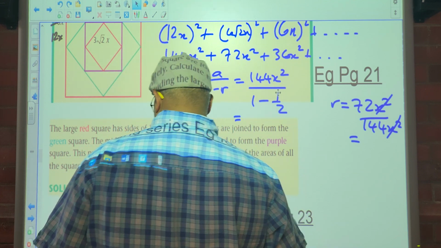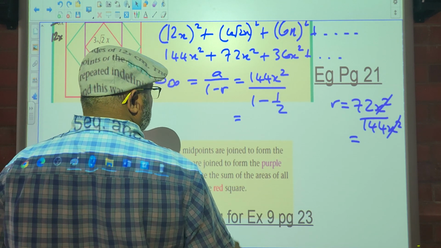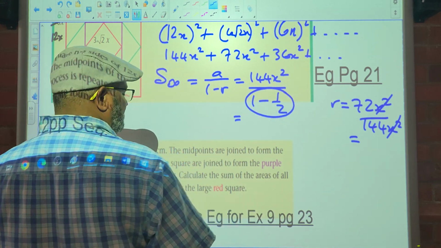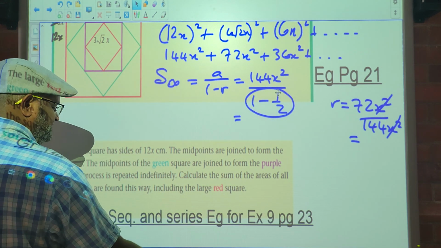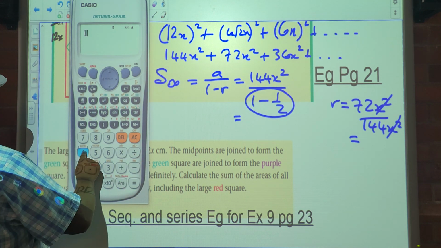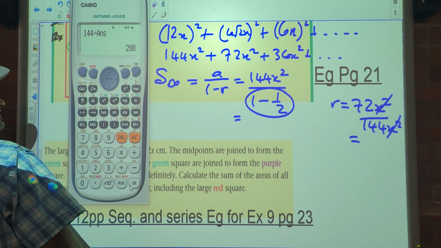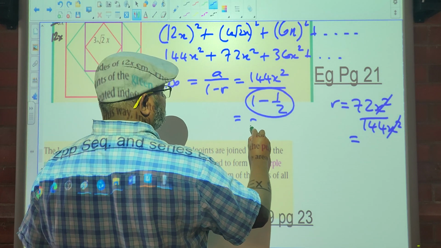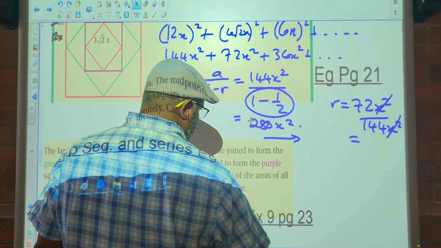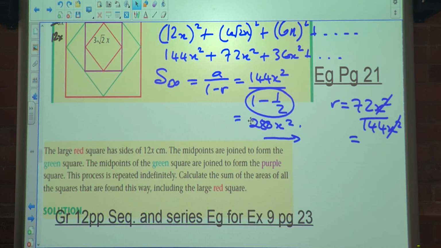Now, 1 minus half is half, and 144 divided by half is 288. You must double that. 144 divided by half is 288x squared. There we go. You guys understand? Any confusion there?